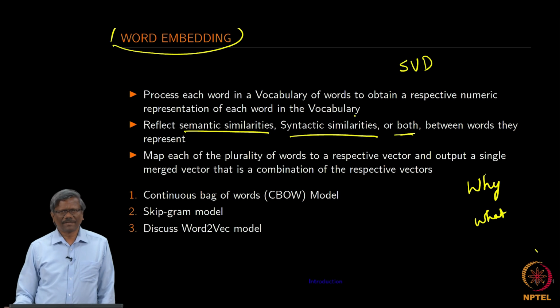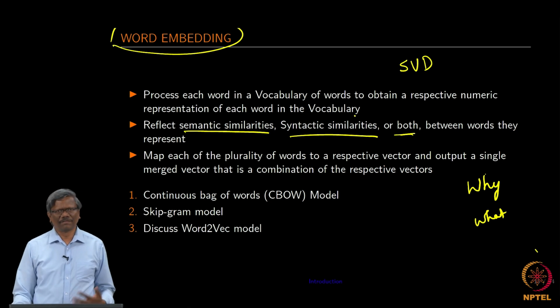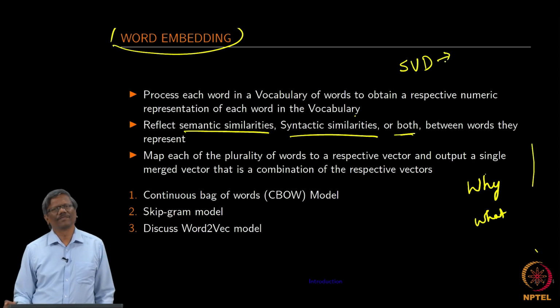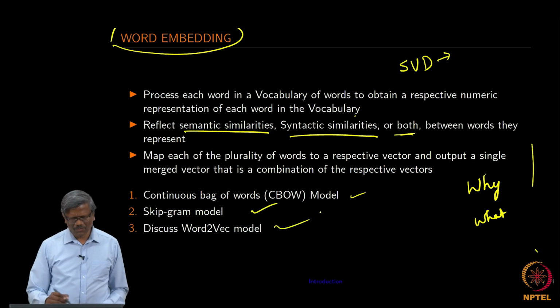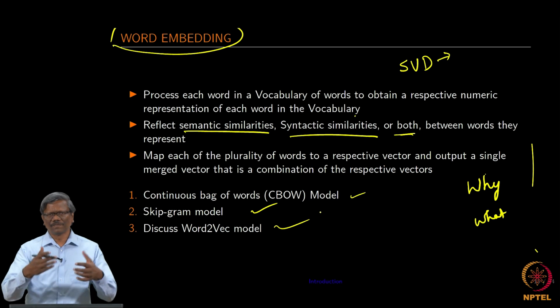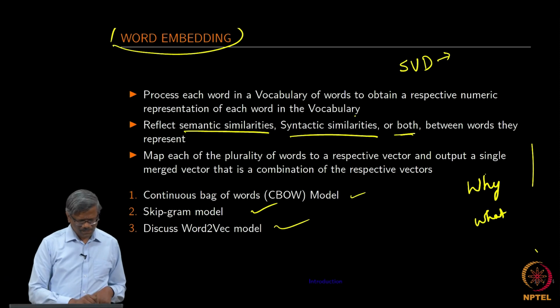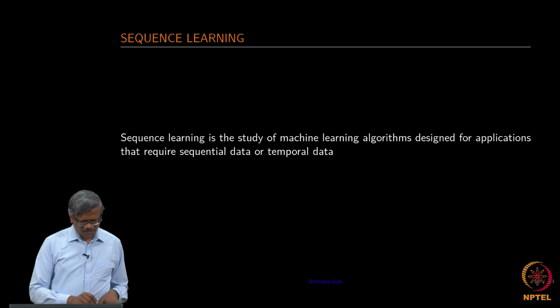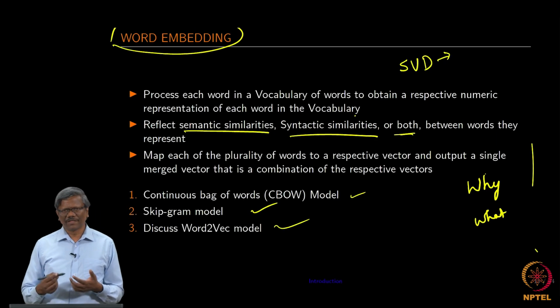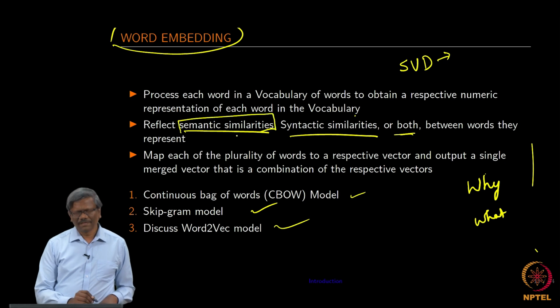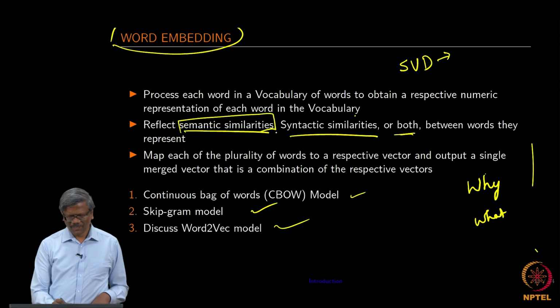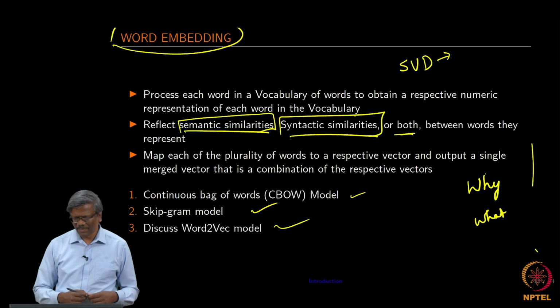So, neural net provide a better word embedding than SVD in many cases. Okay. So, how do we do that? So, we have various models using which we can convert the words into dense vectors. So, using the dense vectors, it is possible for us, as I mentioned, to understand the semantic similarities, syntactic similarities, or both.